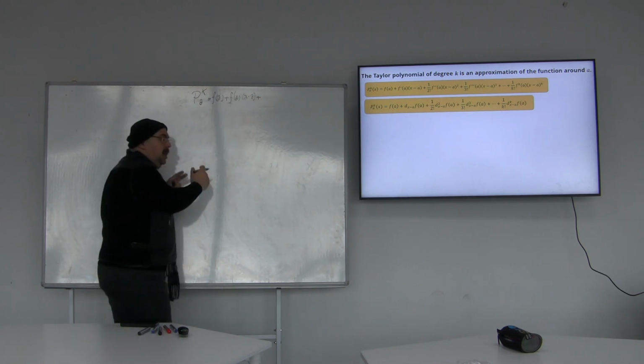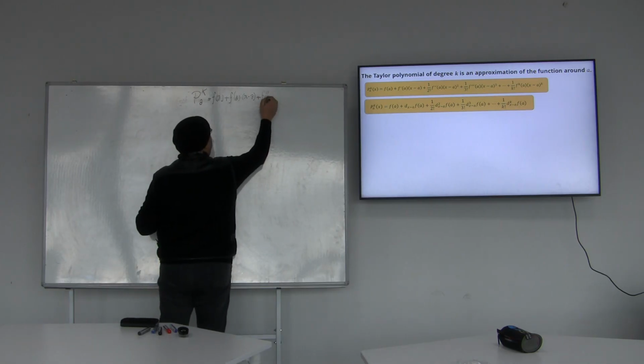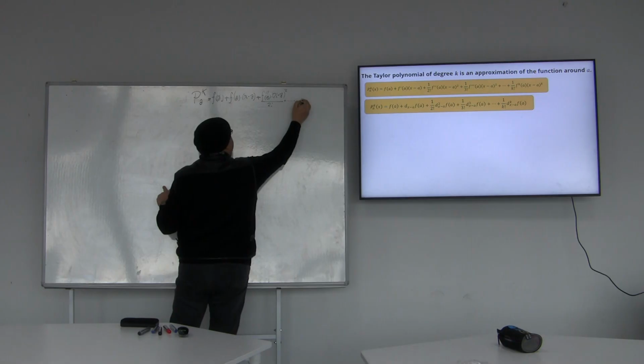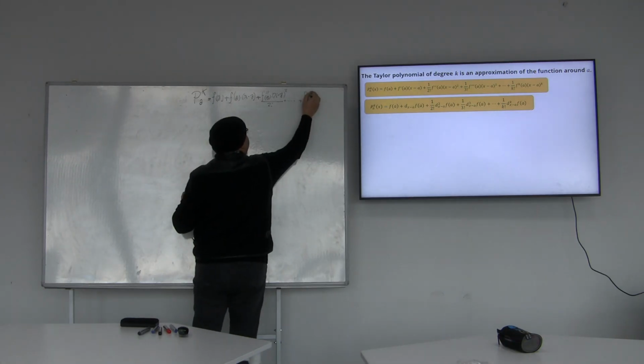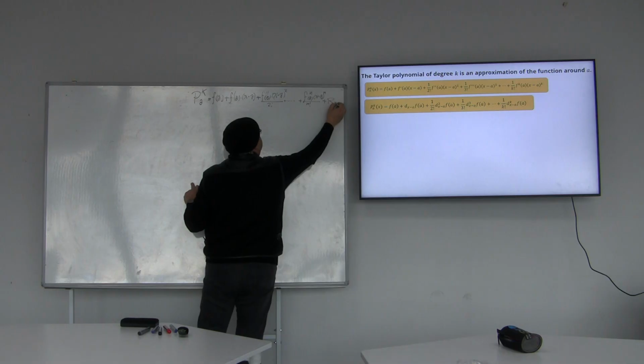As you can see, it's like a train, so it is f double dash of a times x minus a to the power of 2. Don't forget, divided by factorial 2. And so on till you reach f^(n) at a times x minus a to the power of n, divided by factorial n, plus the remainder term.